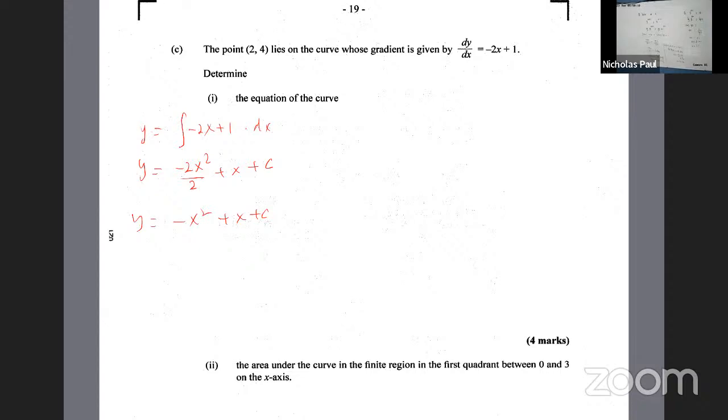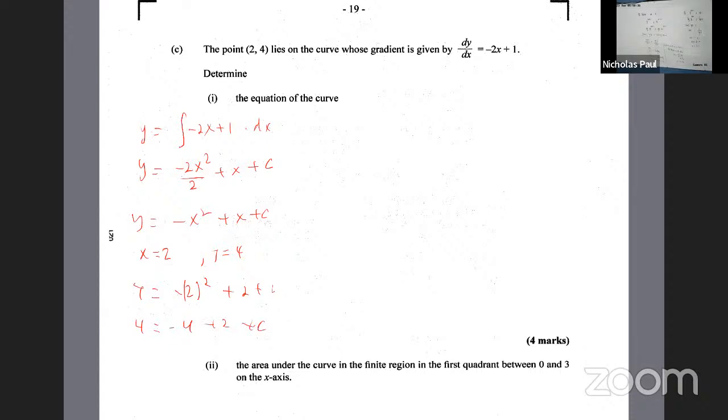So when x is 2, y is 4. So 4 is equal to, remember the minus on the outside there, so don't put minus 2 squared. It's 2 squared but multiplied by the minus sign. Plus 2 plus c. So 4 is equal to minus 4 plus 2 plus c.